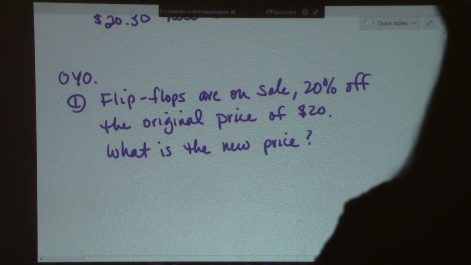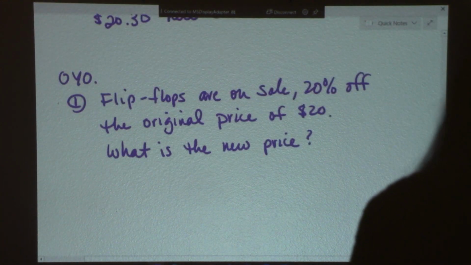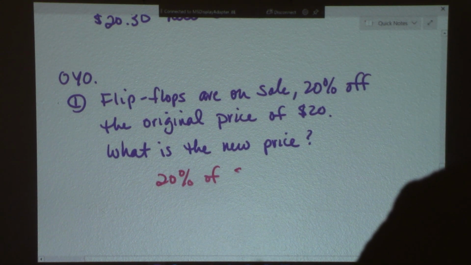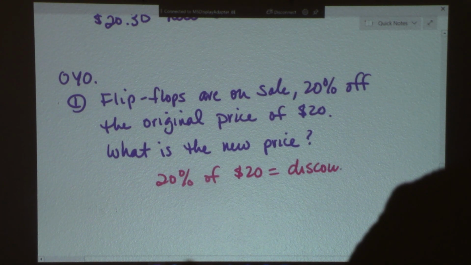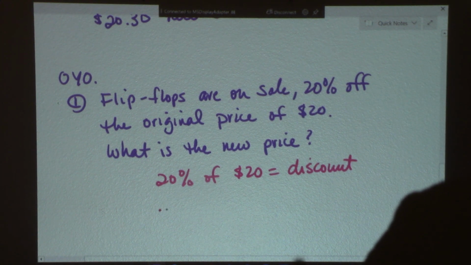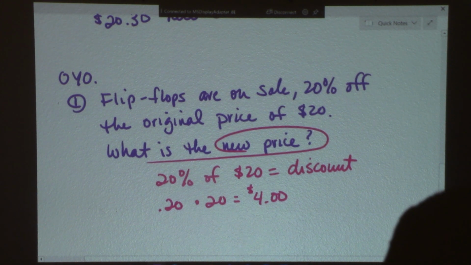Okay, all right, did you get that done okay? Let's go and try that. So I want to know 20% of $20. That's going to give me my discount, okay? So that would be 0.20 times $20, which is $4. So that's my discount, but what I want to know is the new price.